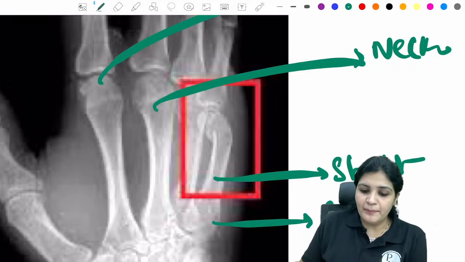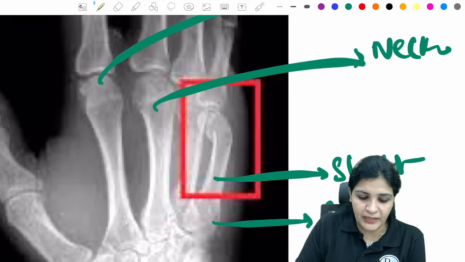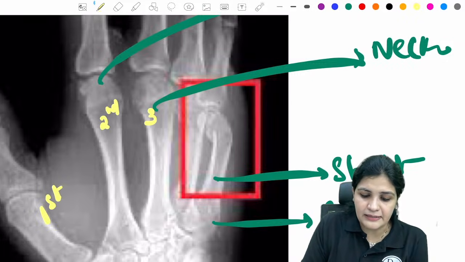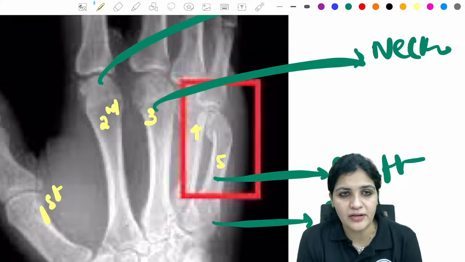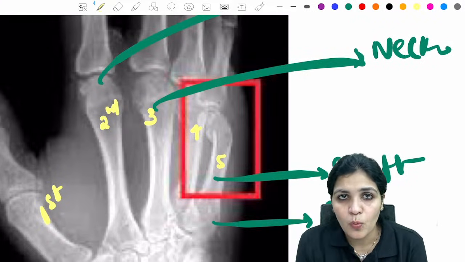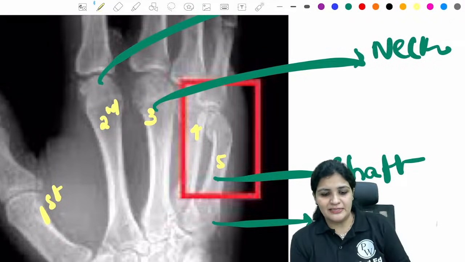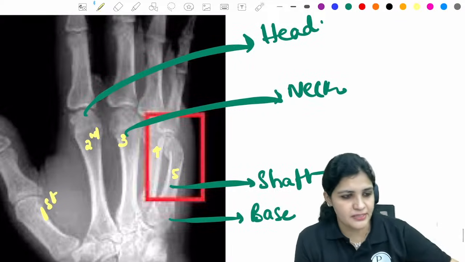Usually the metacarpals are named like this, no? From the thumb, it is called the first. This is the second, this is the third, this is the fourth, and this is the fifth. So I've given you the clue. It is the fifth metacarpal. Which structure is fractured? Is it the head, neck, shaft, or base?